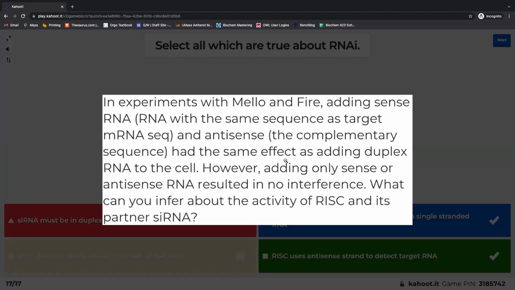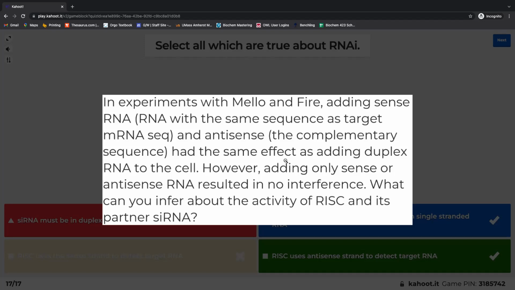Whether it uses the sense strand or the antisense strand really just comes down to the mechanism. How is RISC detecting this mRNA? If you have a guide strand that has the same sequence as your mRNA, will they bind?